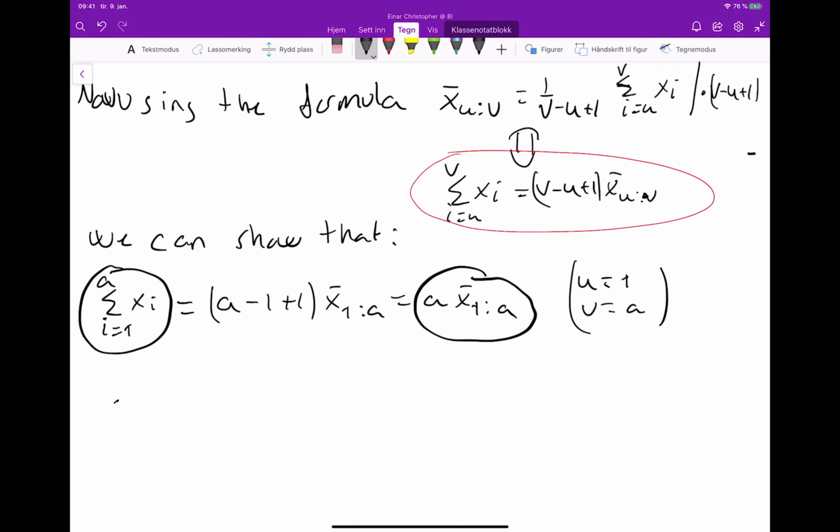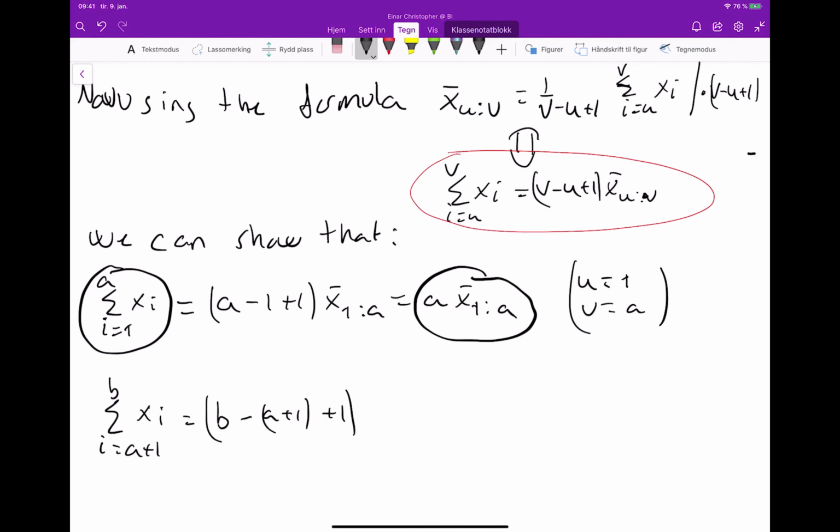And we can also show that the sum over xi, i equals a plus 1 to b, is equal, and then v is b minus u, which is a plus 1, and always plus 1.